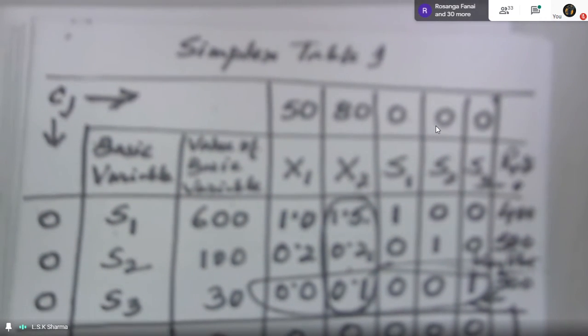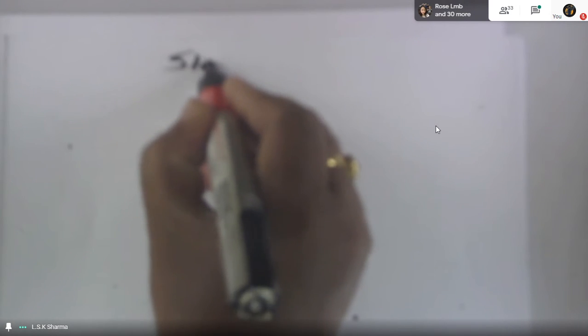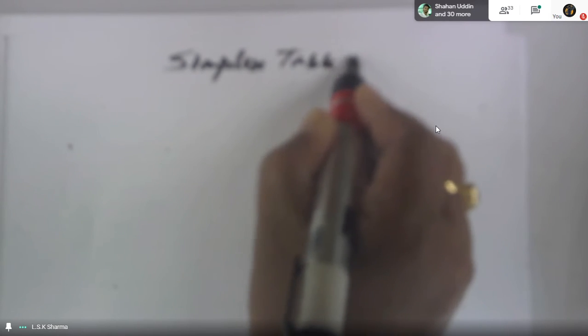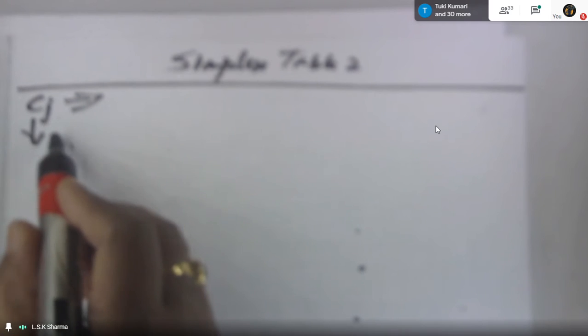Okay, now let's go to the second table. Once again, you have to draw the second table. So the second table will be like this. Draw the same thing again. Right on top, simplex table 2. Draw a line. Then what do you have to do? Cj. Draw again an arrow, one on the side and one in the column.